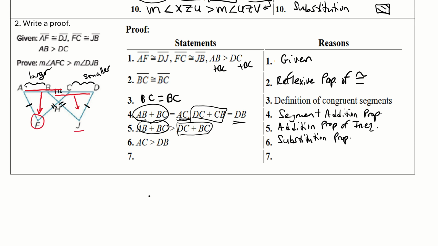And that is essentially what we were trying to prove, that angle AFC is bigger than angle DJB. And that is the converse of the hinge theorem. All right, and that is the end of the proof.